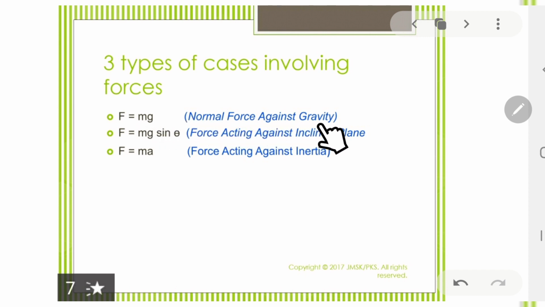For example, we have F equal to mg, F equal to mg sin theta, and formula number 3 is F equal to ma. Alright, so these 3 formula we use in 3 different situations. So please pay attention to when we will use the formulas above.